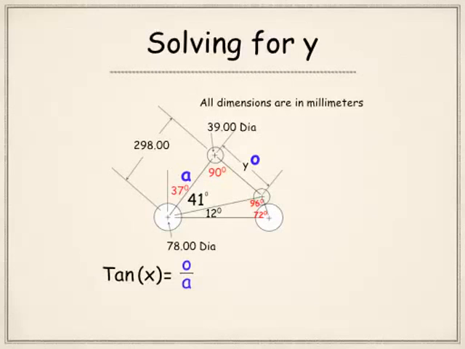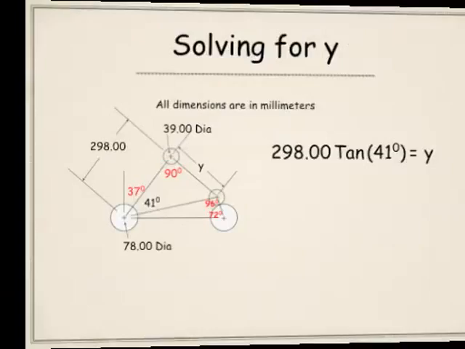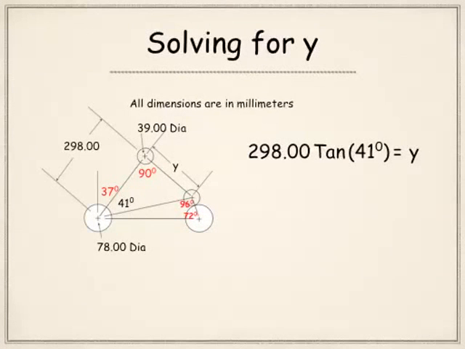So the tangent of angle x, or 41 degrees, is equal to the opposite over the adjacent. If we multiply the adjacent times both sides, we get that the adjacent times the tangent of 41 degrees equals the opposite, or y. So 298 times the tangent of 41 will give us y.